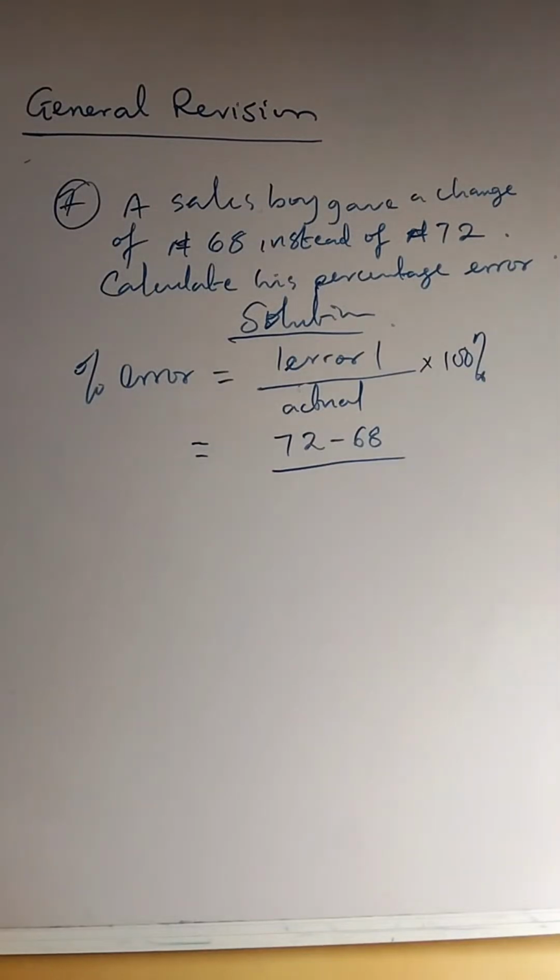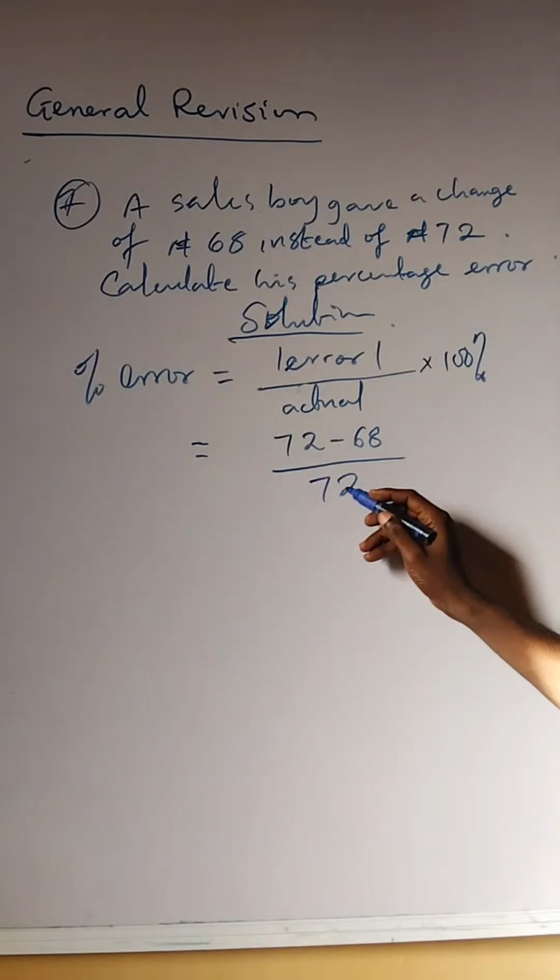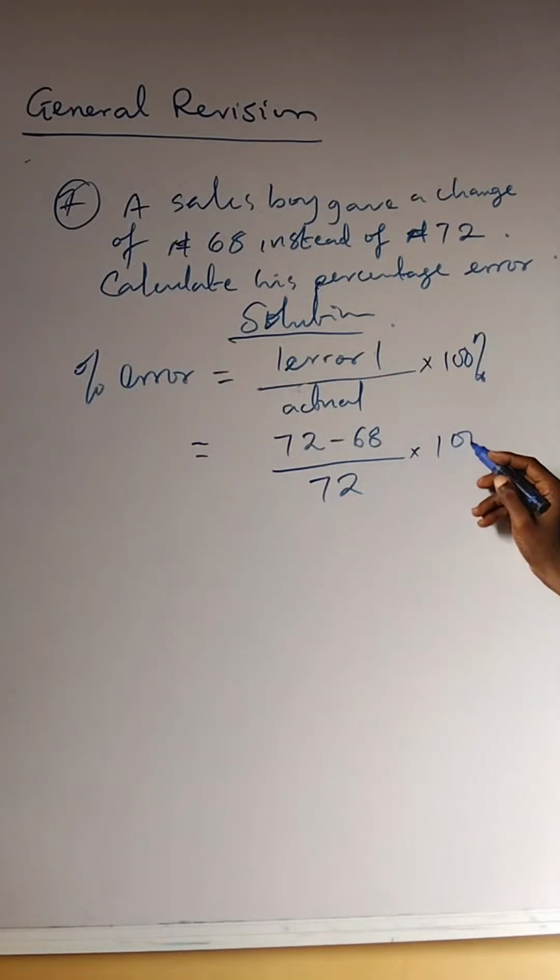So 72 naira is the actual. So we have over 72 times 100%.